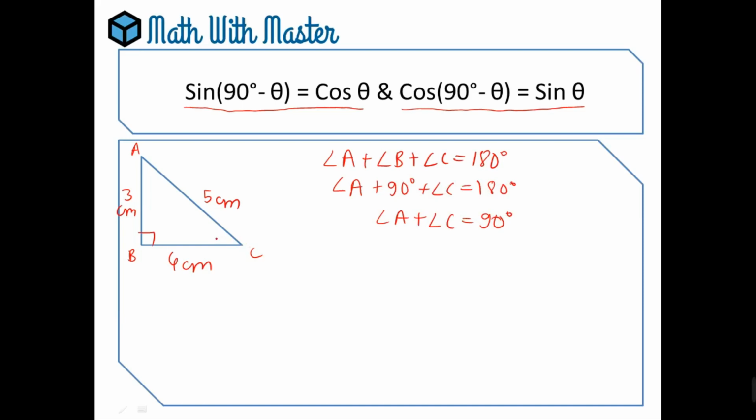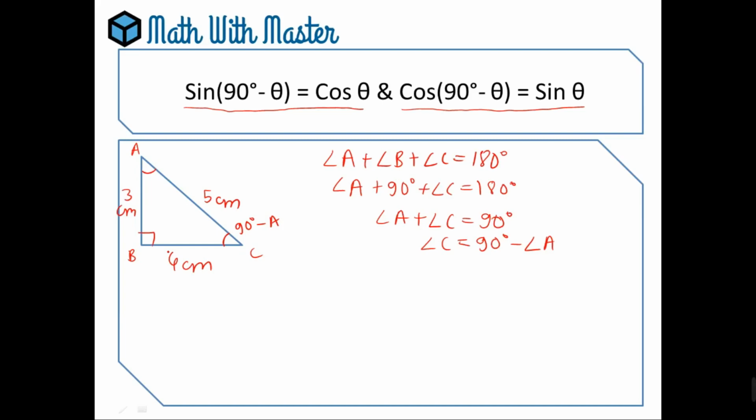So angle C in terms of angle A is 90 degrees minus A.